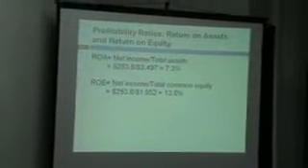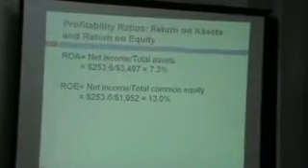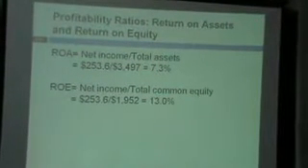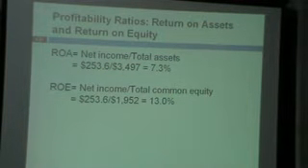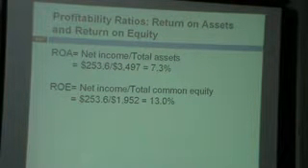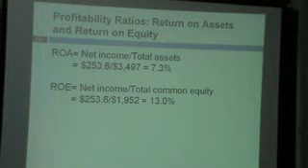Okay, now there are two other ratios which relate to profitability ratio. Very commonly used ratios are return on assets and return on equity. Return on assets is calculated by dividing net income by total assets. So this is what you are getting out of the investment of the total assets. Your total assets are 3,497 and you are generating a net income of 253.6. So it means your return on assets is 7.3%.